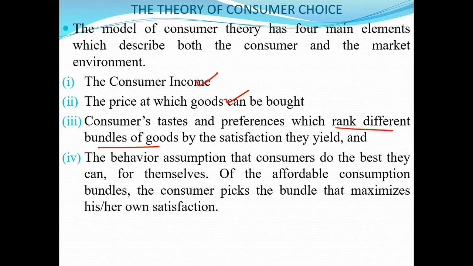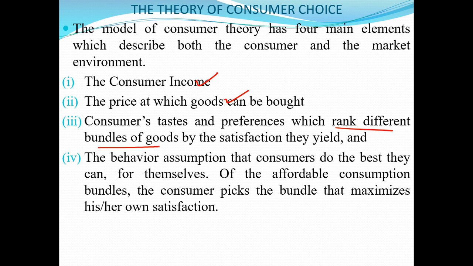Here what we're saying is that consumers are rational. They want to maximize their utility, therefore they will do whatever is in their power to make sure that they derive the maximum utility from the consumption of these commodities.